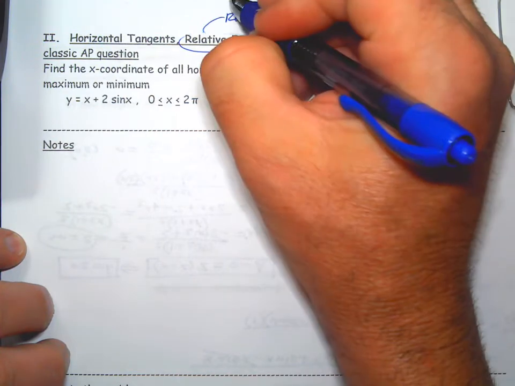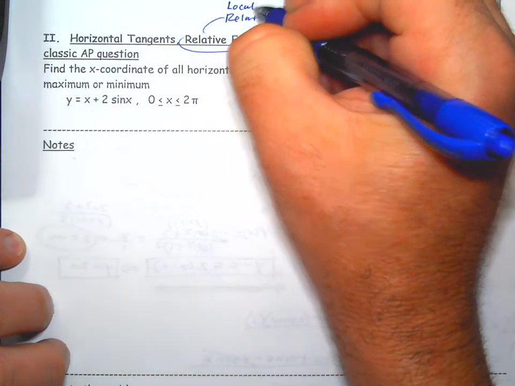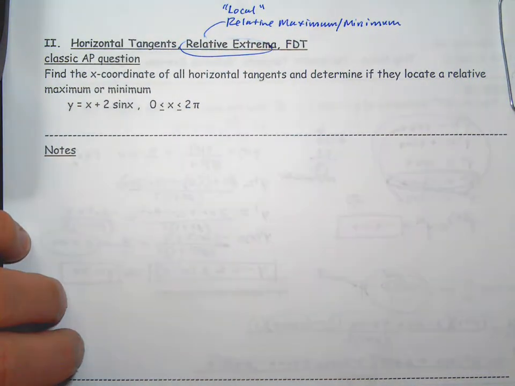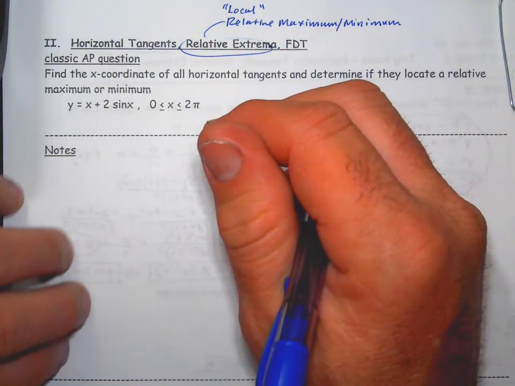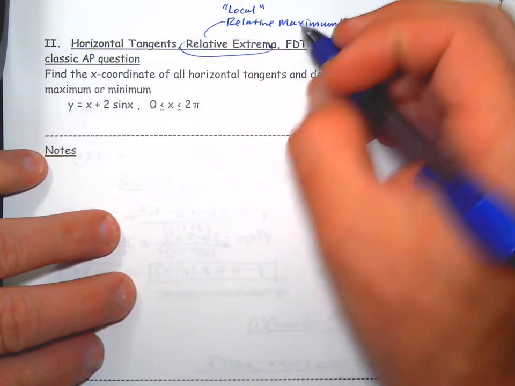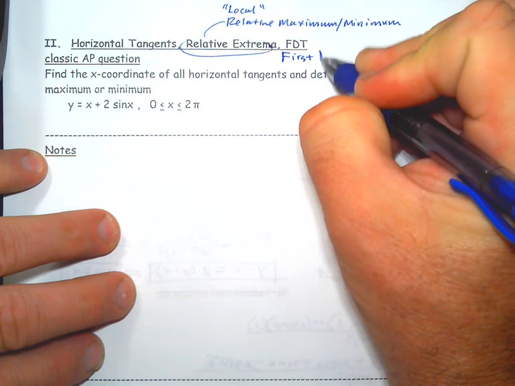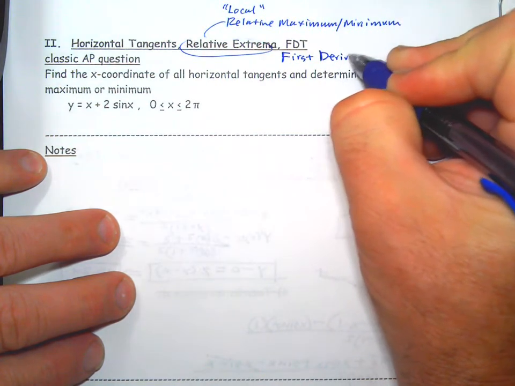They also call these local maximums and minimums because they're just in the neighborhood. Okay, this is the very end. So FDT stands for first derivative test, which I'm going to teach you how that works in a second.